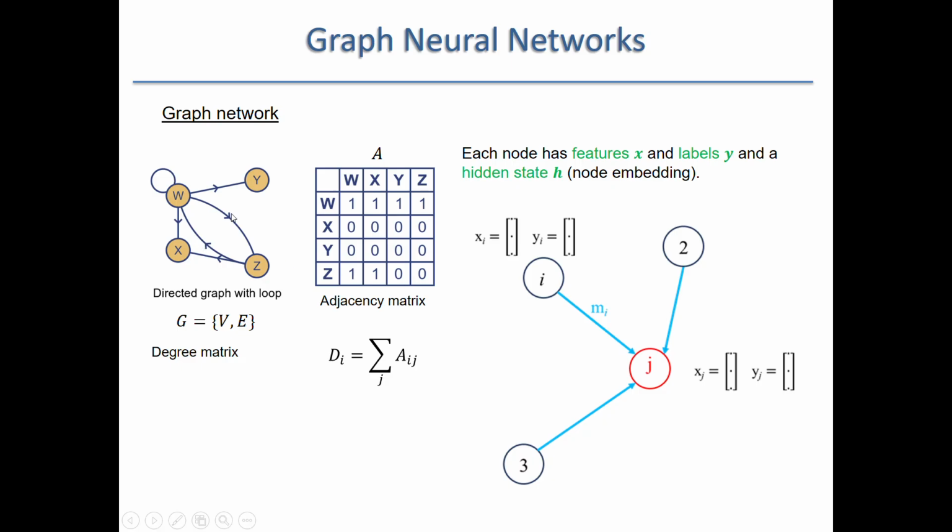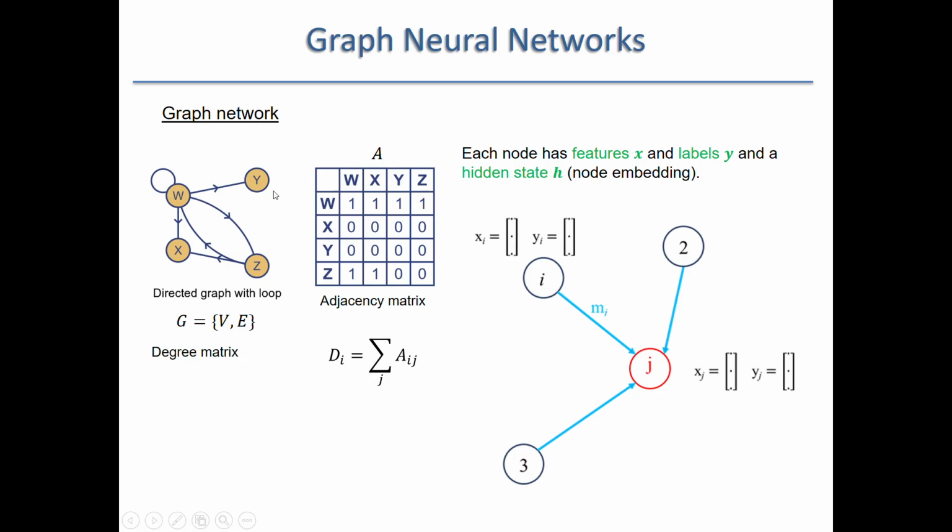We will have all the nodes as rows and columns, and we will define the adjacency matrix as one if, for instance, W is connected to Y. So this is from W to Y. Y is not connected to W, so Y to W is 0, but W to Y is 1.